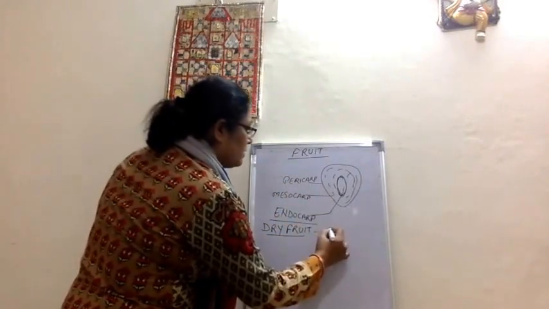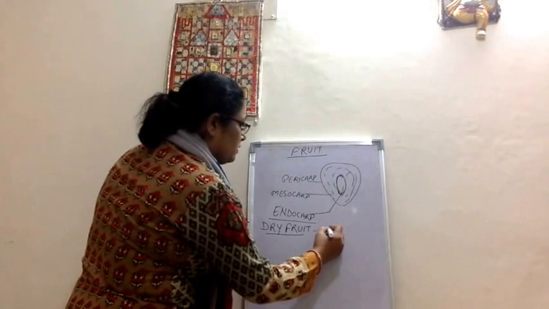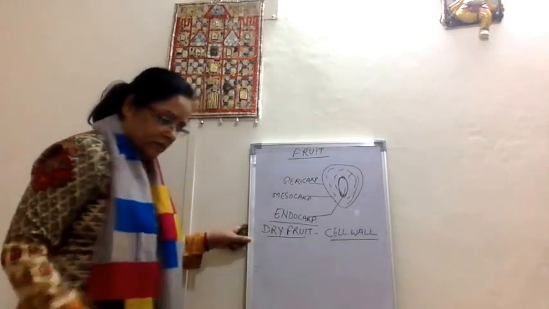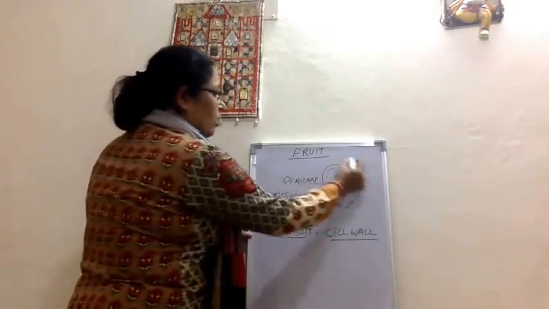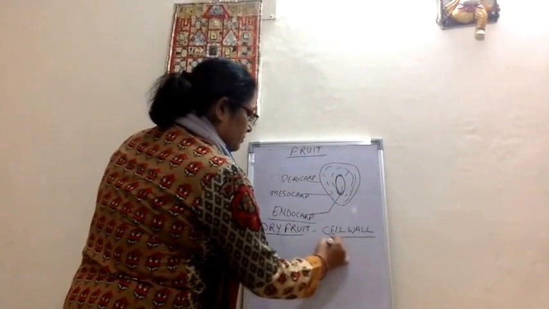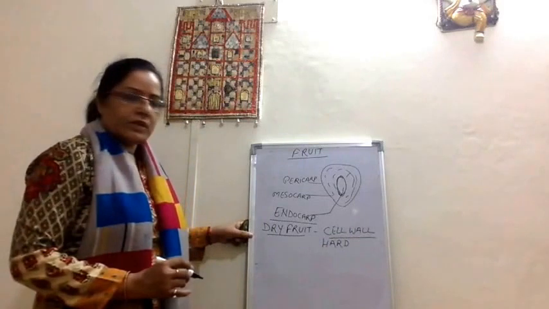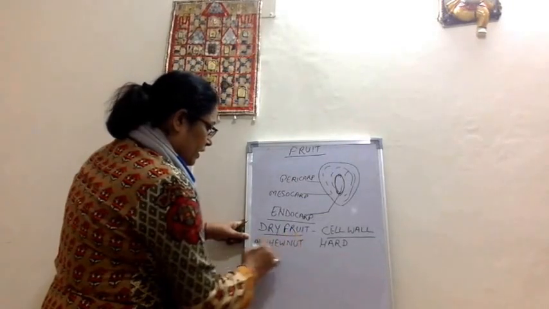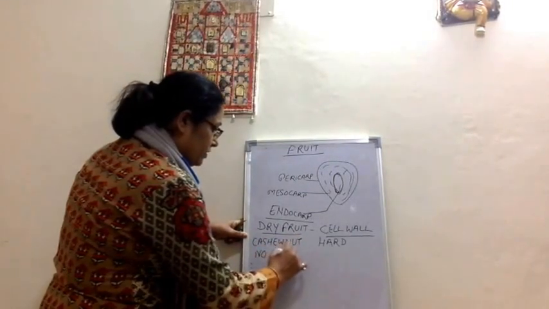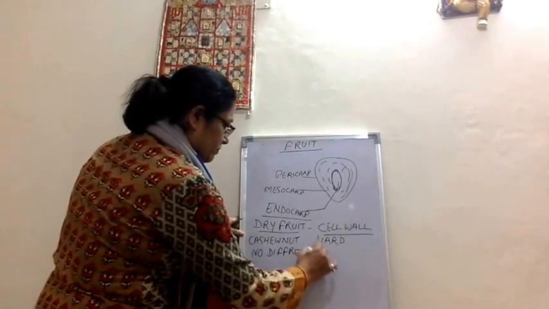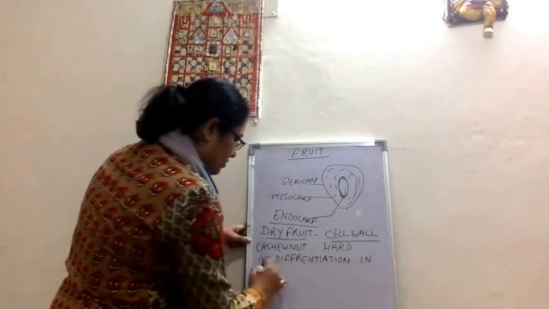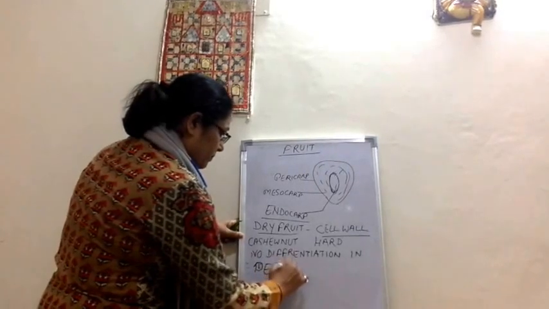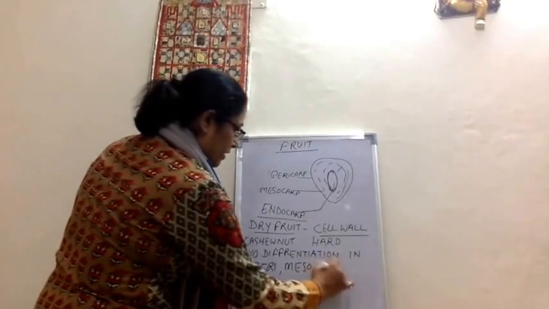There is a fruit wall, an outer wall that is very hard, like in cashew nut, and no differentiation in pericarp, mesocarp, and endocarp.